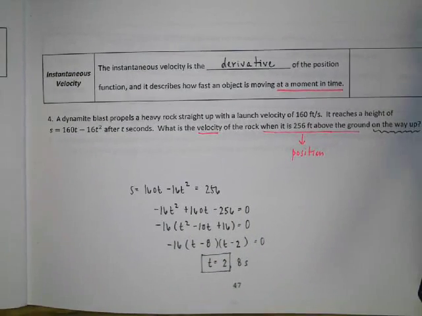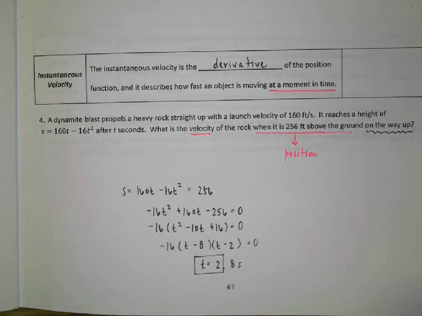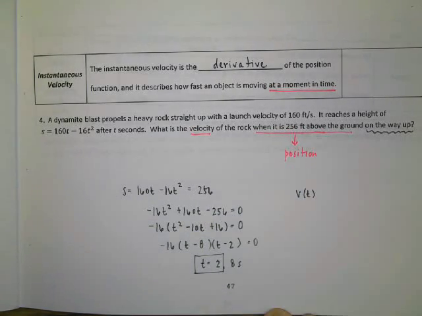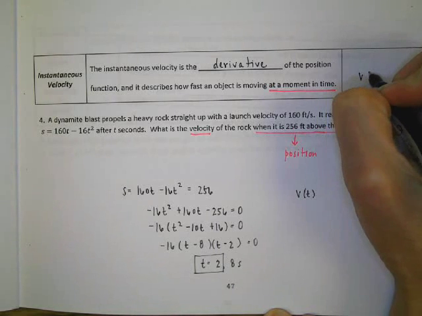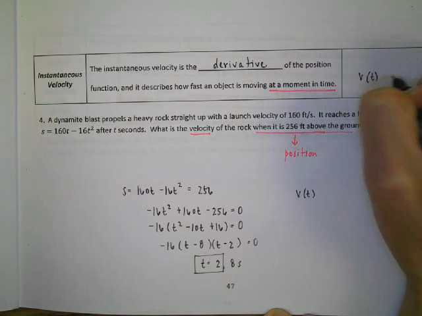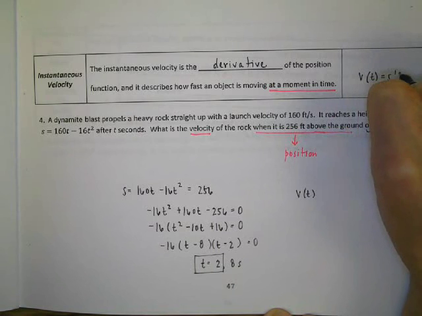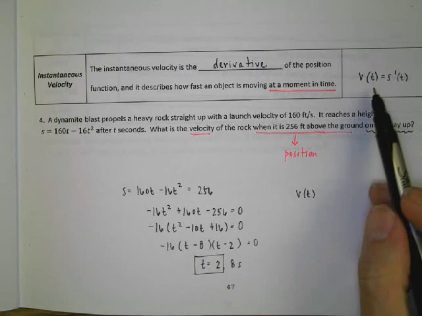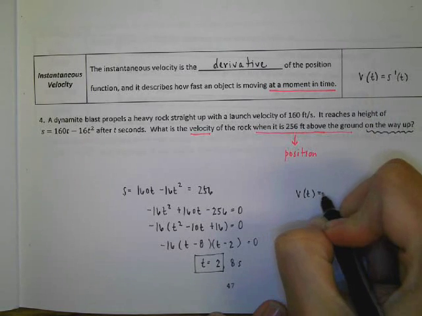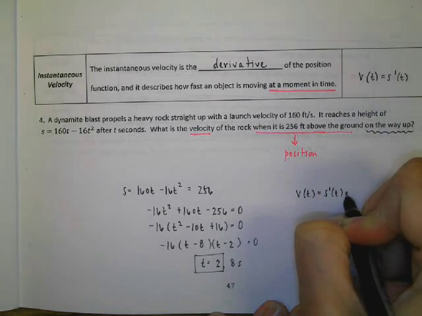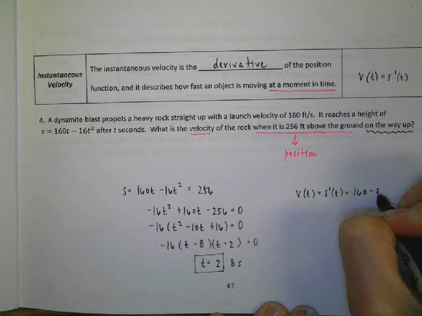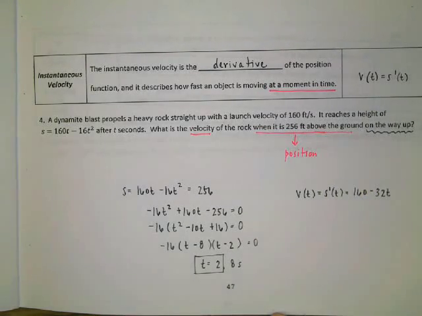So now, instantaneous velocity, we said, was just the derivative of position. So I'm going to say v of t, and I'm going to denote that here. We said that's equal to the first derivative of the position function. So v of t is equal to s prime of t. And so my first derivative of position is going to give me 160 minus 32t.